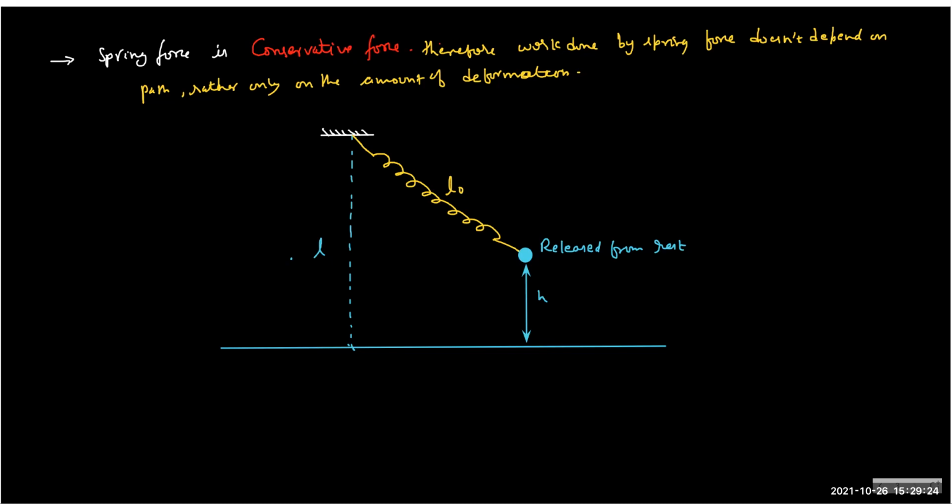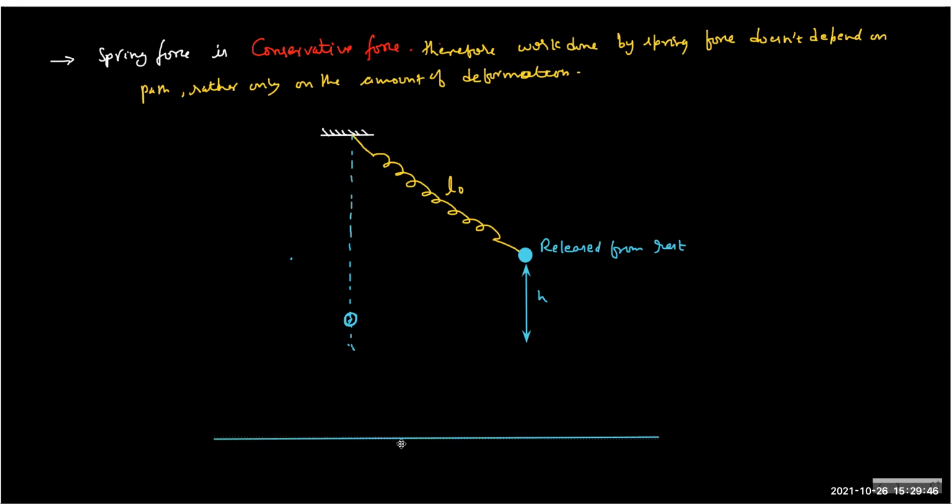Or let me just remove this part. So you release from rest. Now, when the bob goes to the bottommost position, it may be somewhere here. So it is not about L naught. Let me make it a little more space so that you can feel it.